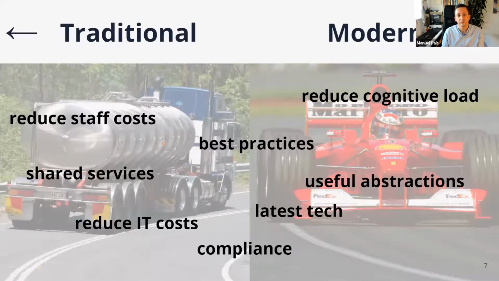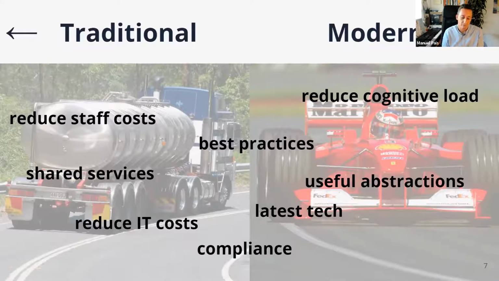What I'm trying to convey here is that modern platforms, which are more towards the right side, tend to have quite different focus these days than more traditional platforms on the left side. They tend to focus first on reducing cognitive load for the consumers, right?